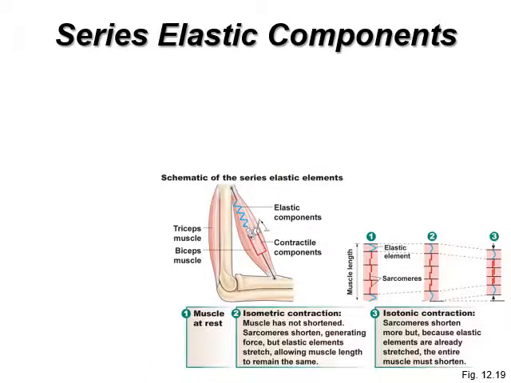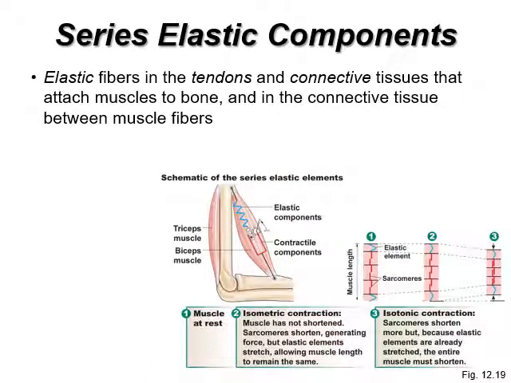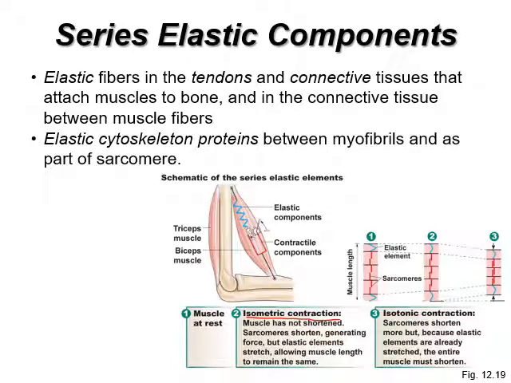Okay, and you can see basically the general, looking at 1, okay, muscle at rest. At 2, what do you see? 2 is an isometric. So are we changing the length? Not changing the length, but what are we doing? The muscles are contracting, but what's being stretched is just the elastic component of the muscle.